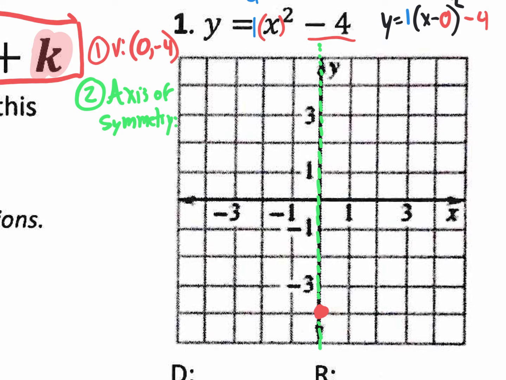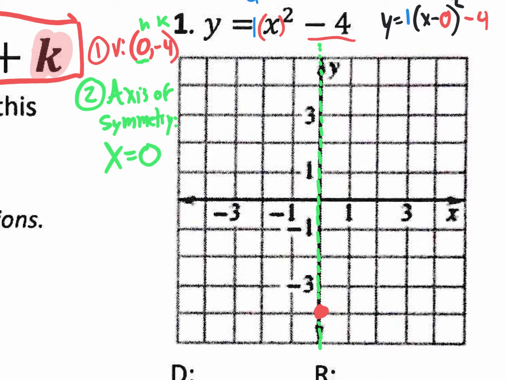But we might as well, even though that's all we need, start practicing writing the axis of symmetry equation. Any equation of any vertical line will be x equals, and it will be x equals h. Remember, the vertex is hk, so x equals 0. That's the equation of the vertical line going through the x value of 0, going through the vertex. Are you with me?